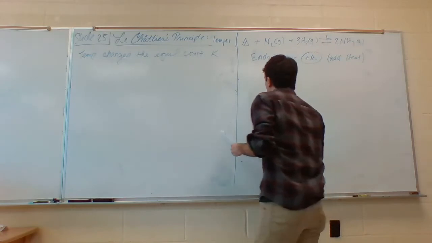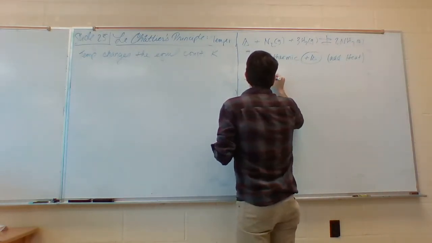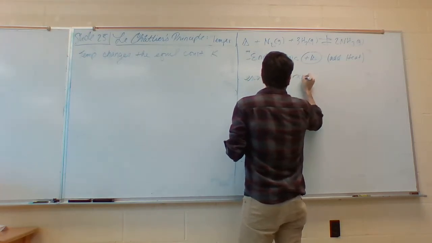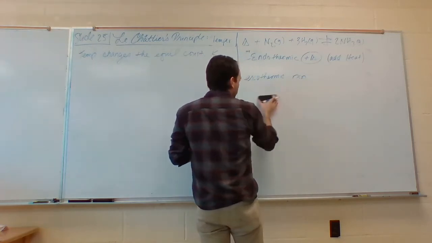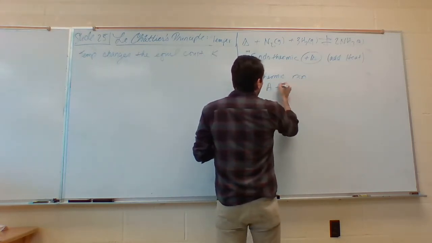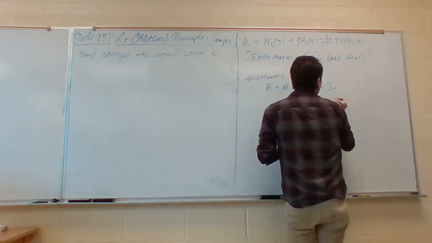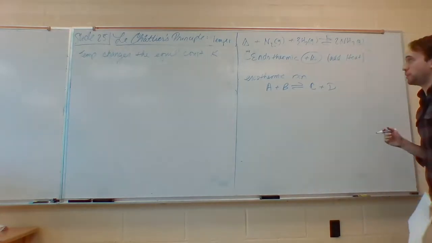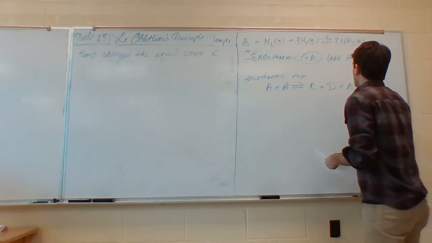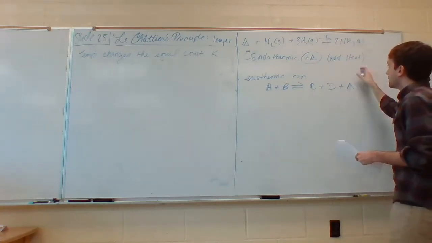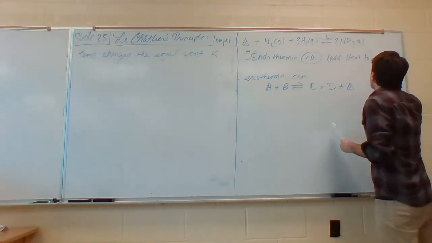Now, what if we had an exothermic reaction? Right, like let's say we have A plus B in equilibrium with C and D. Okay, now if it's an exothermic reaction, that means that we remove heat, okay? So we add heat to reactants.